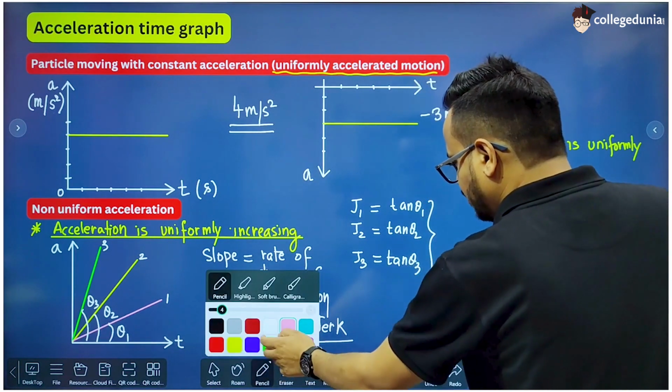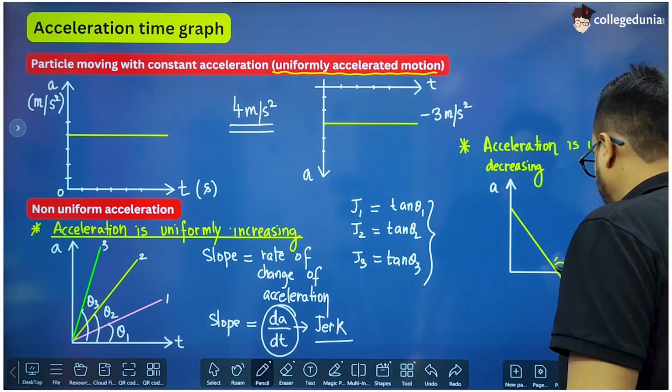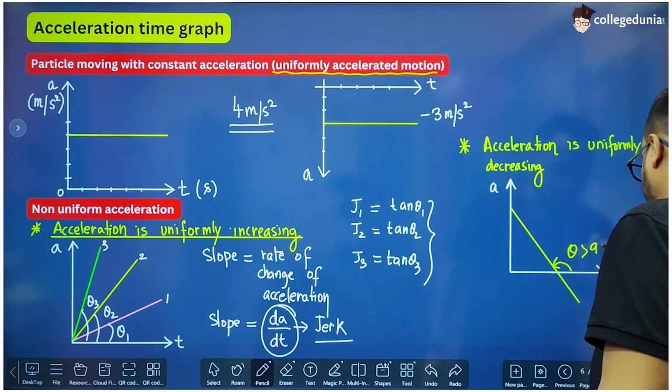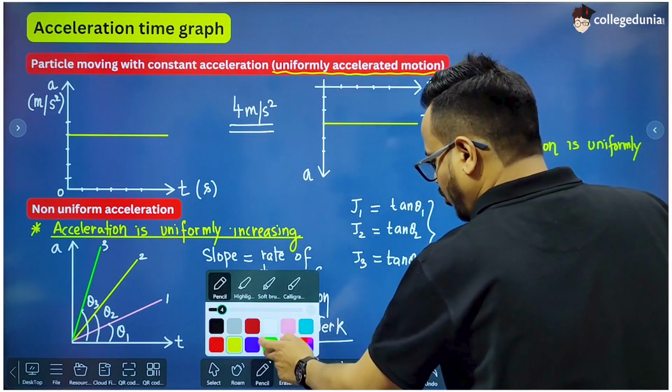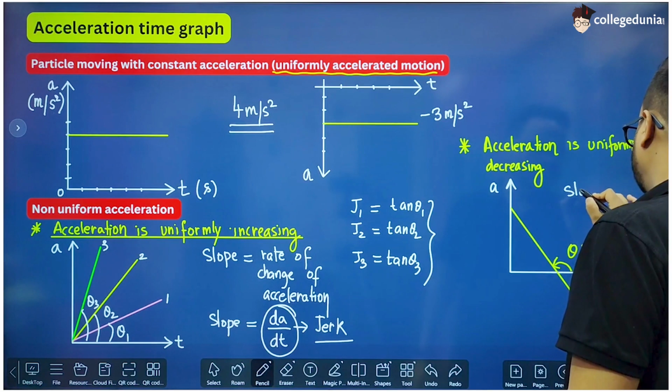So obviously this type of graph is going to make an obtuse angle with the x-axis. So slope for obtuse angles is going to be negative.